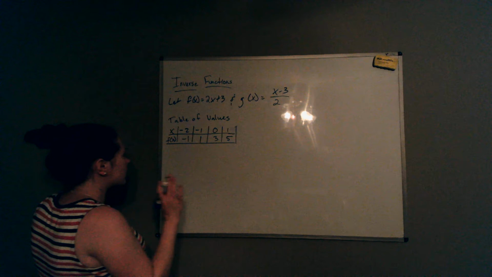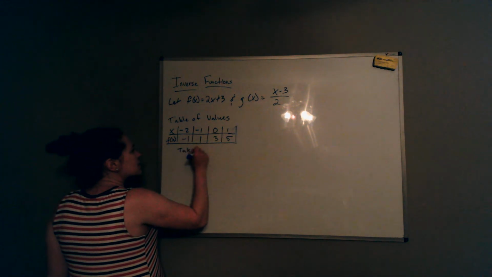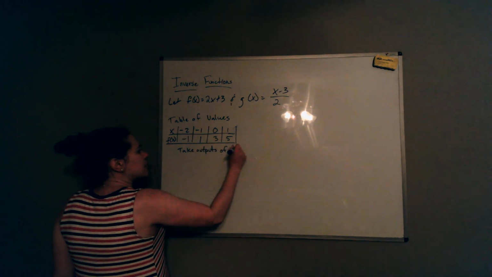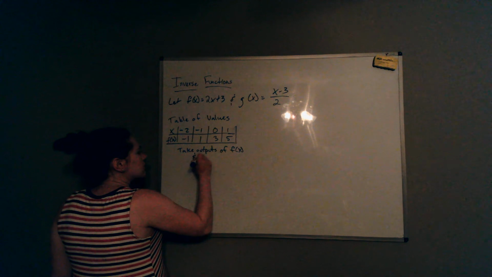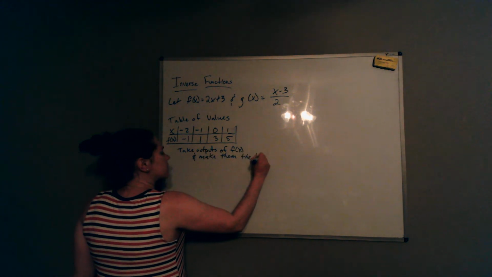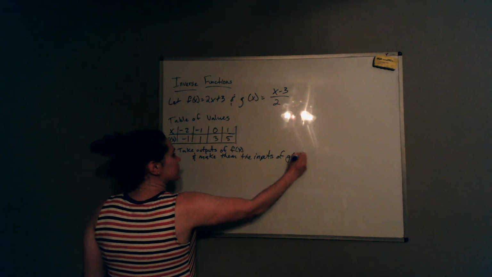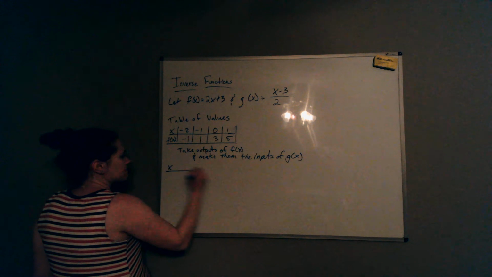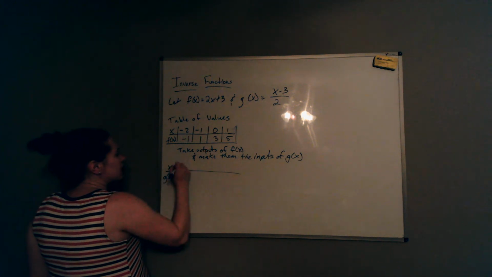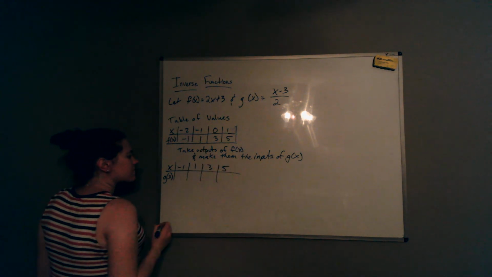So now, what I want us to do is take the outputs of f of x and make them the inputs of a table for g of x. So -1, then 1, then 3, then 5.